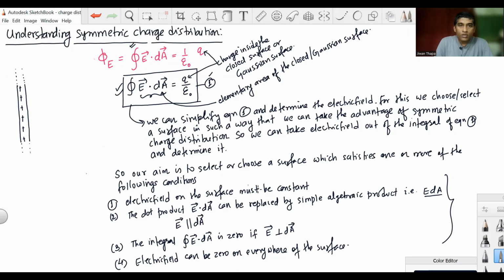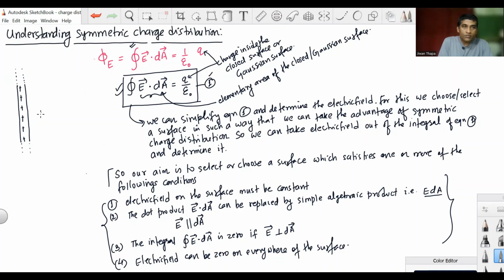Now, as I said earlier, in order to apply the condition of symmetry, minimum one or more than one of these conditions must be satisfied. So we need to understand this. Now, we have a rod, a cylindrical or thin rod.